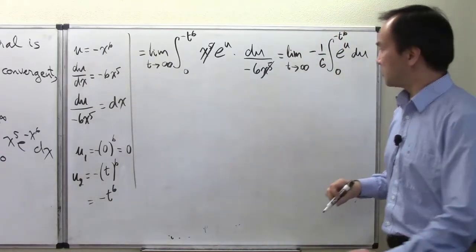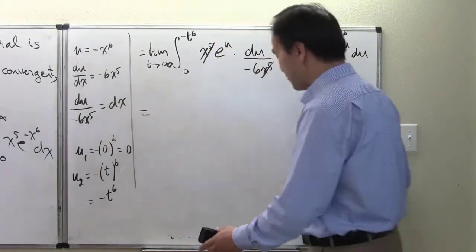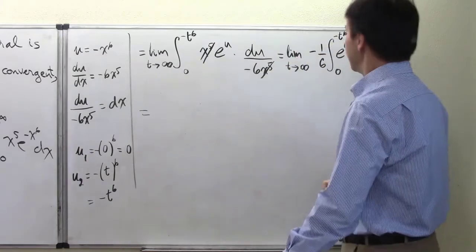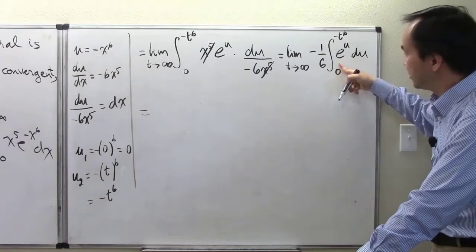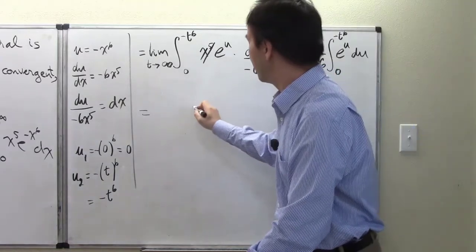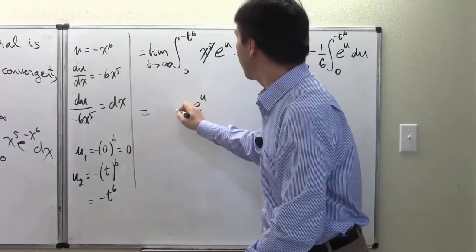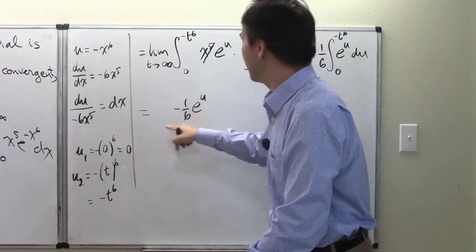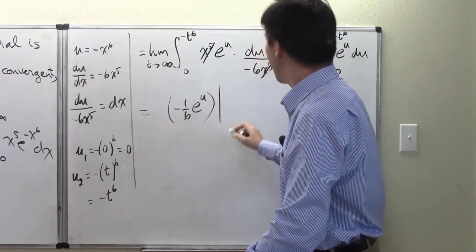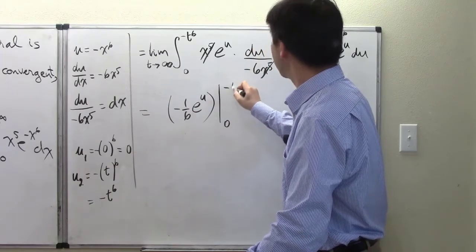All right, a couple more steps waiting for us. Now I can just take the antiderivative of e to the u. So that gives me e to the u with negative 1/6. That's the antiderivative. Then I am going to evaluate from 0 to minus t to the 6th.